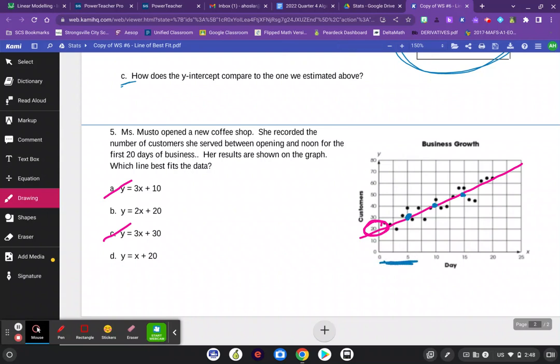Scale of 5 here, really 2.5, and a scale of 10. So it looks like I'm going up 10. If I do rise over run, I get up 10, and then over 2 blocks, but moving over 2 blocks is really moving 5, so over 5, which would be 2. So it looks to me like B would be our best answer.